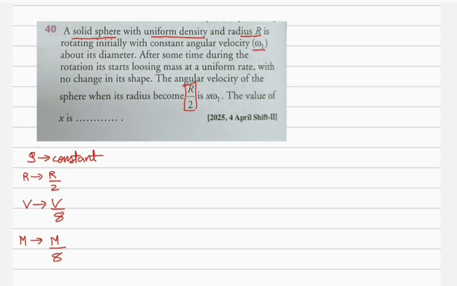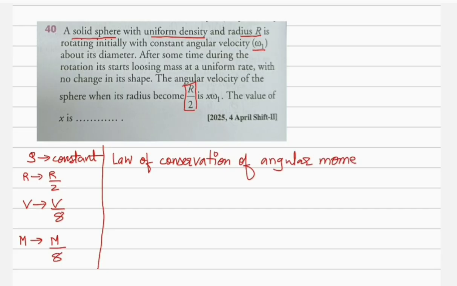Clear? Now tell me, here can I use the law of conservation of angular momentum? Yes, law of conservation of angular momentum, students. What is the external torque over here? Come on, 0 only. That is the reason with confidence we can use the law of conservation of angular momentum, alright? In that situation I can say, students, initial angular momentum is equal to final angular momentum.